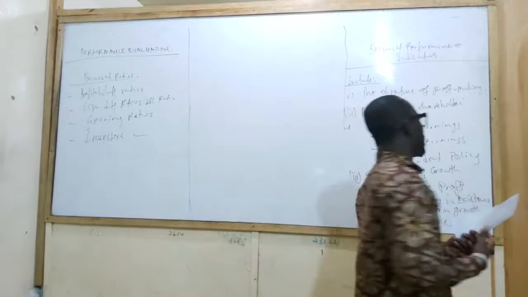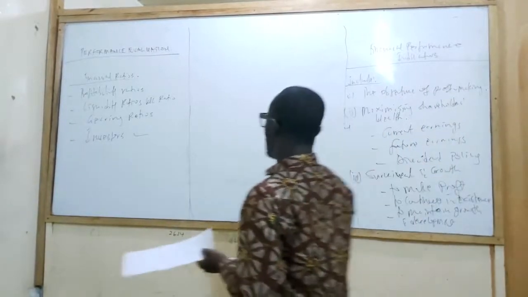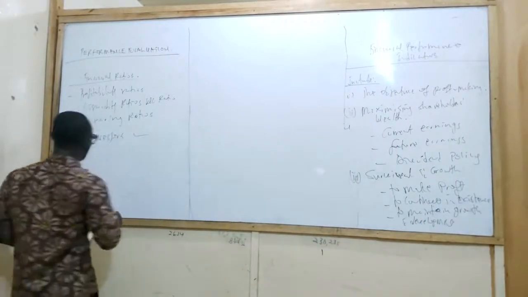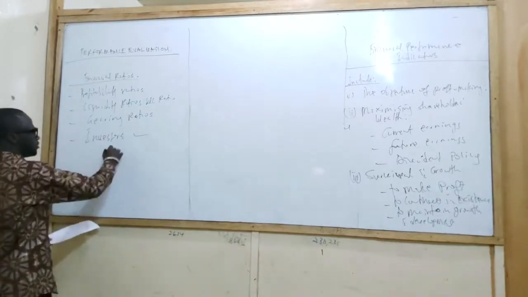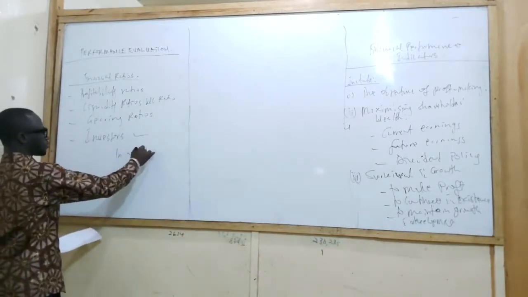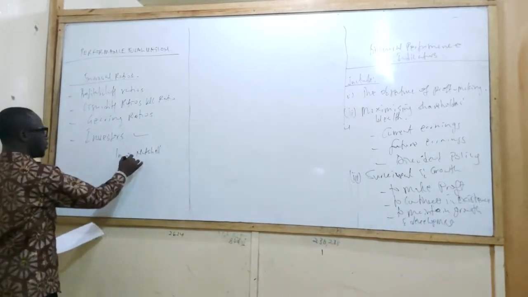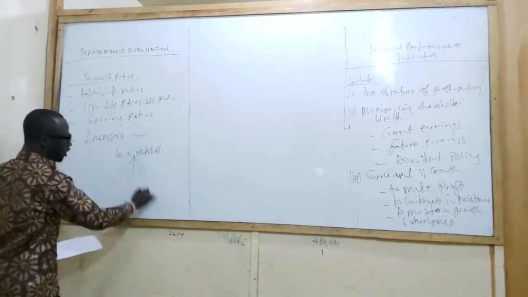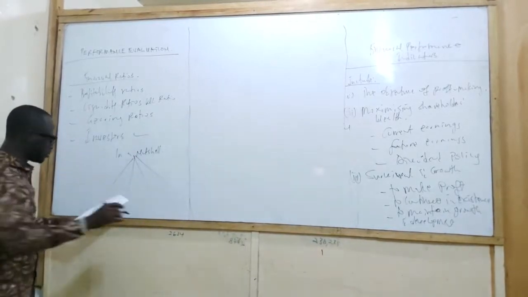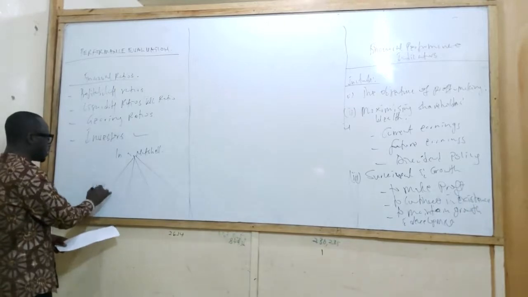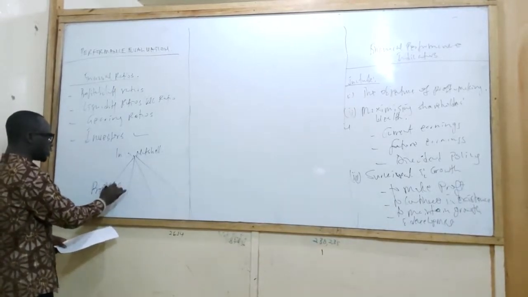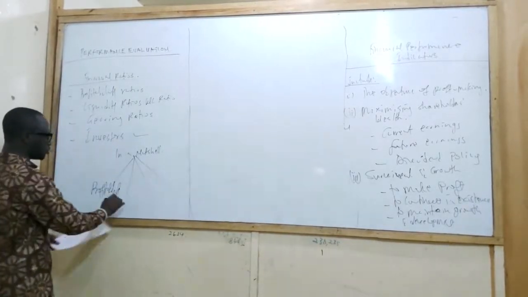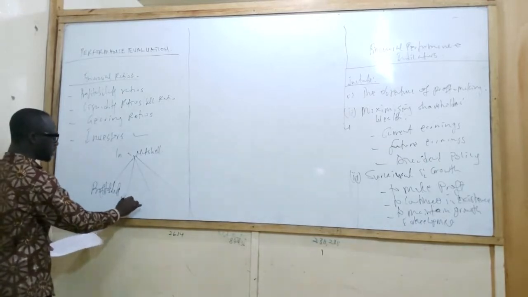So in a nutshell, when we are measuring the financial performance of the organization, there are four things. Number one, profitability of the organization. Number two, how much revenue the company has made.